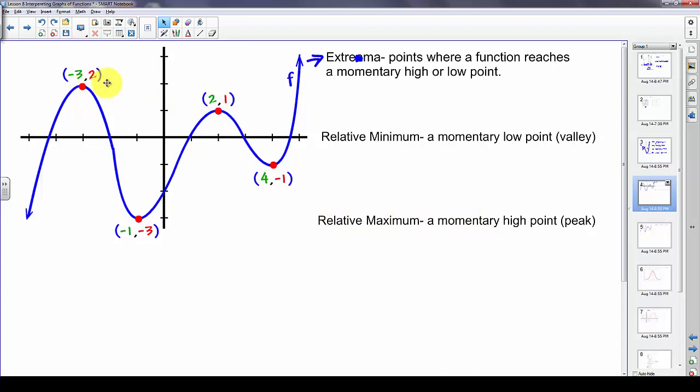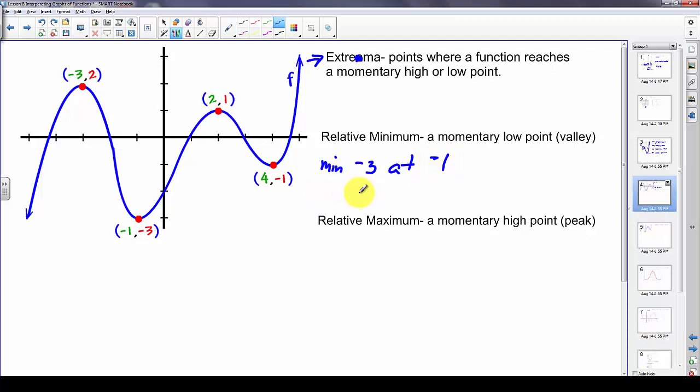All right. Now, if we want to name the extrema, we would say there is a relative minimum of roughly a value of -3, and we say that happens at x = -1.